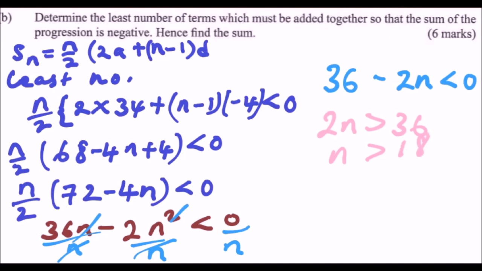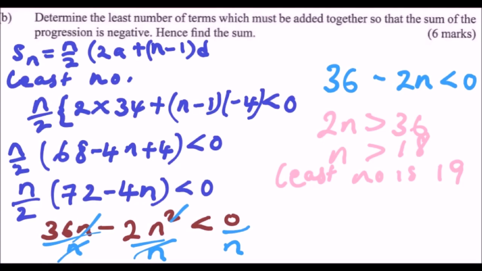So it means the least number is 19. 19 is the least number where the progression is negative. So once you have that, you are required to find the sum.